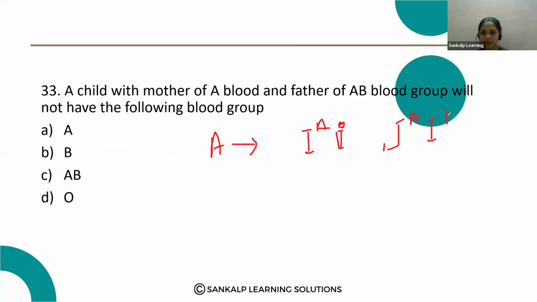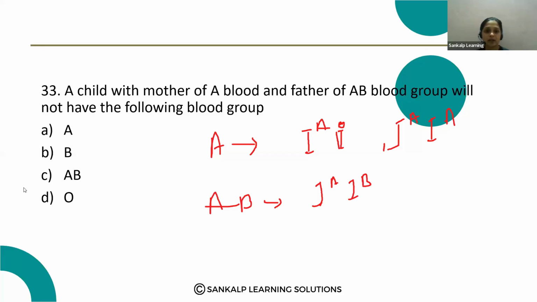The father has AB blood group, which means only one genotype, IA IB. So the child is not having the following blood group.